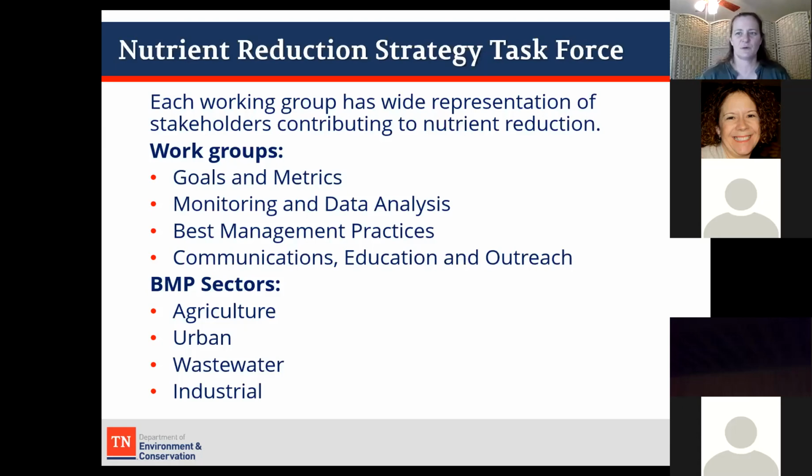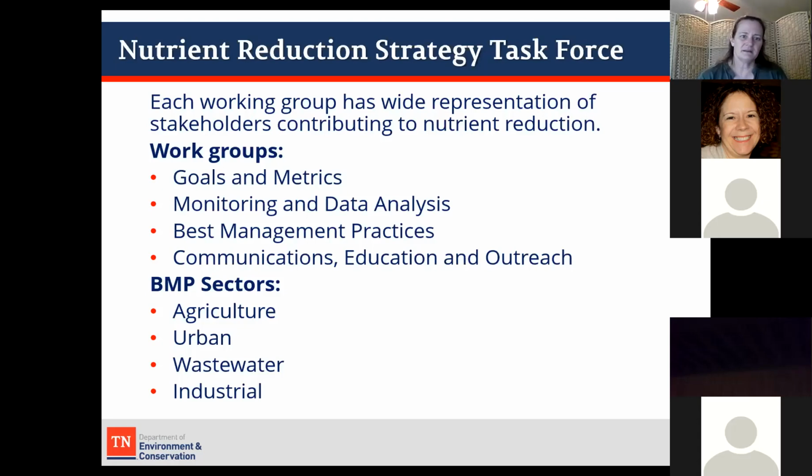They had some kind of stakeholder group that helped make decisions. And states that were still struggling were those states that did not have any kind of stakeholder input, or at least no formal stakeholder group that was discussing these issues.